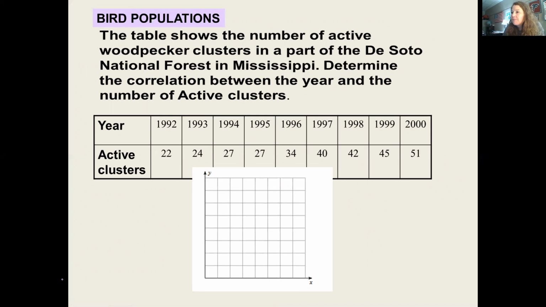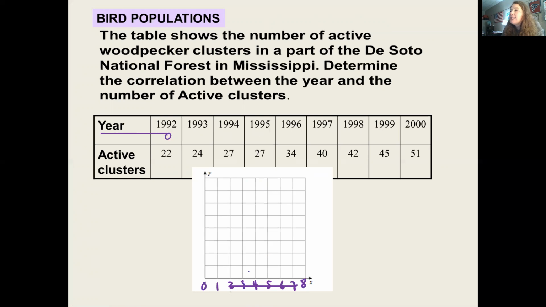I want your years to go on the bottom. So these will be years since 1992 on the bottom. So the first year, we're going to let this be 0, because how many years since 1992? 0. And in 93, wouldn't there be 1 year since 1992, and then 2, and then 3, and then 4, and then 5, and then 6? 1, 2, 3, 4, 5, 6, 7, 8.